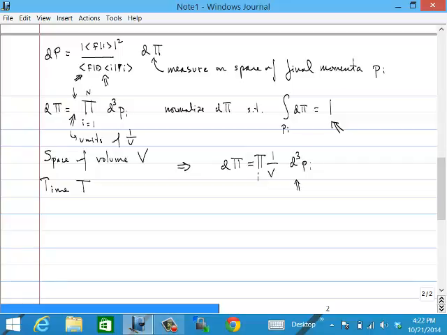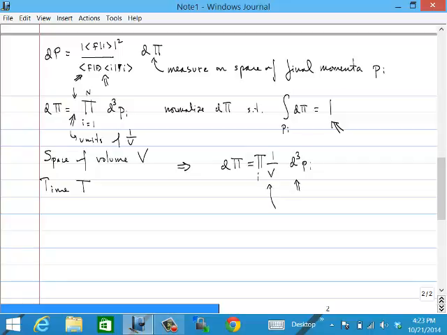And d³p then is interpreted as the size of the little cube in momentum space. So momentum is discretized, and you have one discrete momentum per little cube in momentum space. And the point is that the size of that cube is of order 1 over V. Okay, so that's where this volume factor comes from.